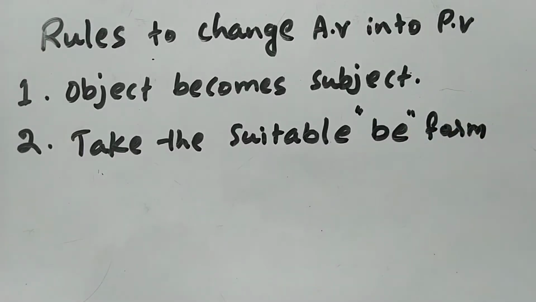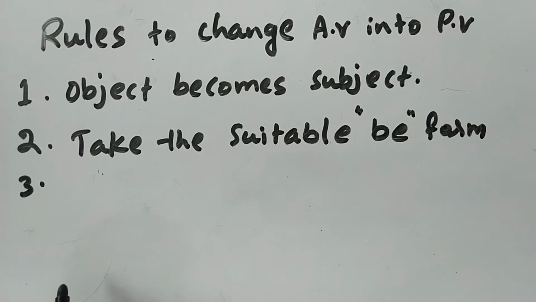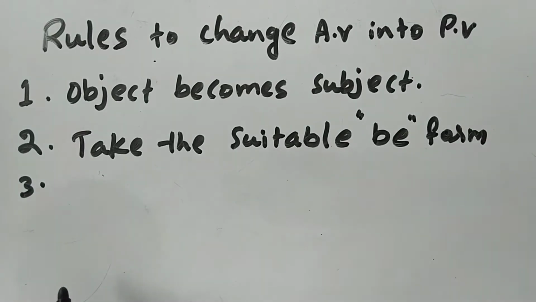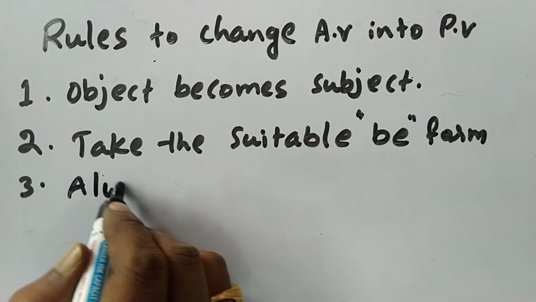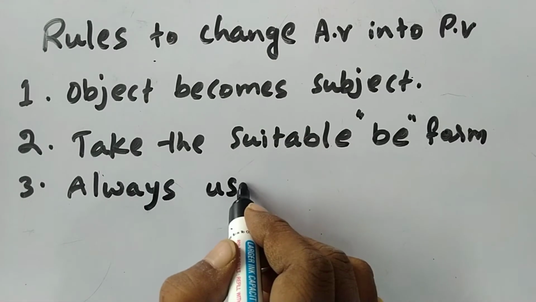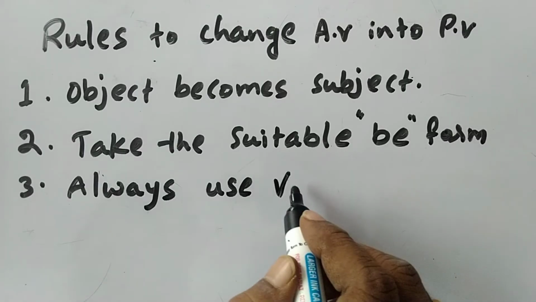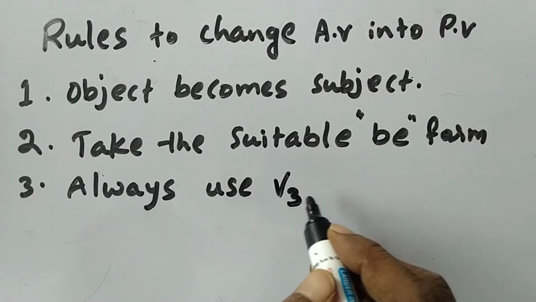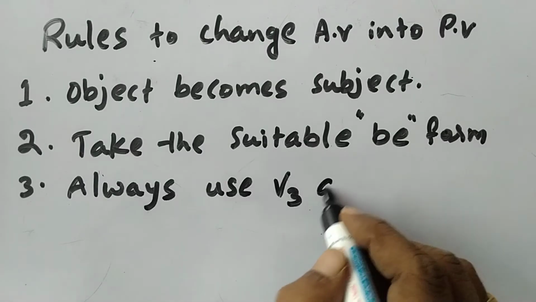Third rule, always use V3, verb third form, after the be form.